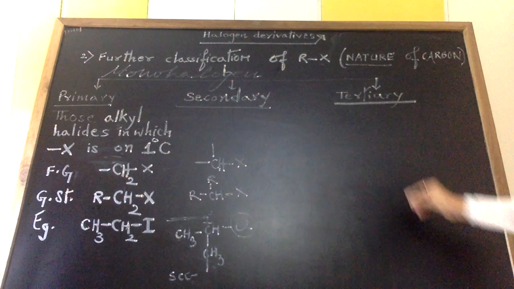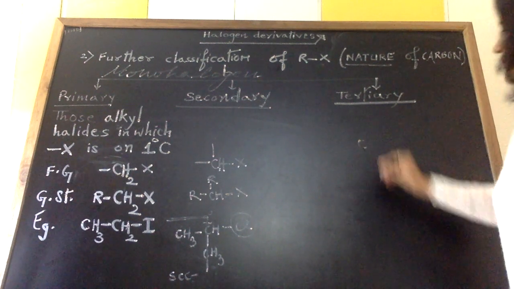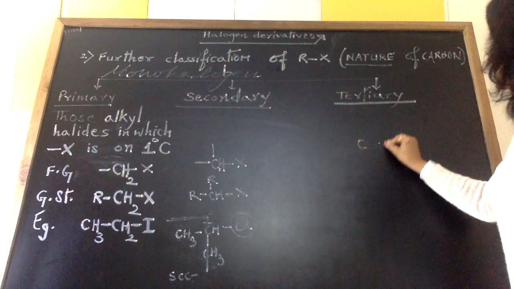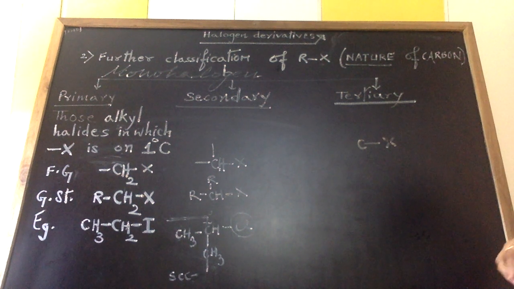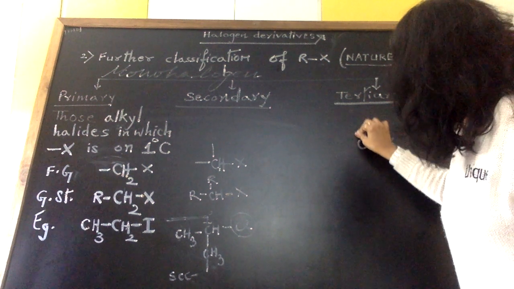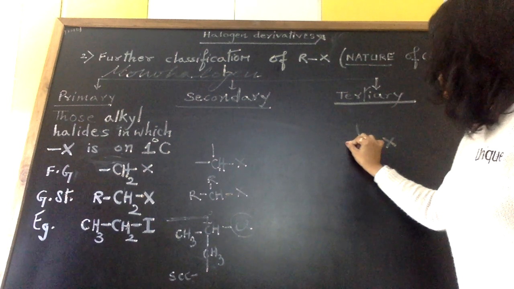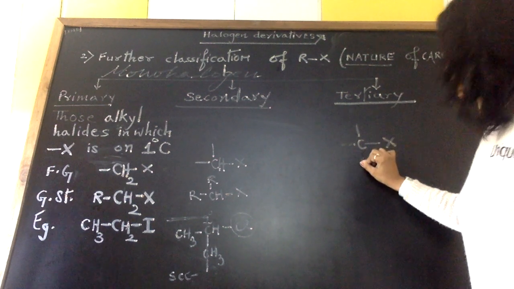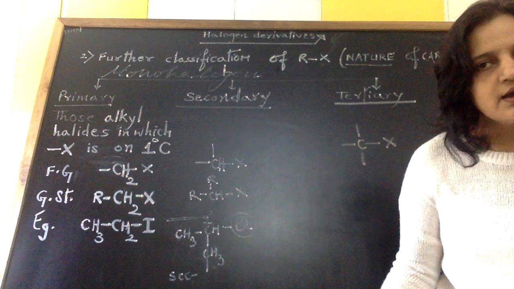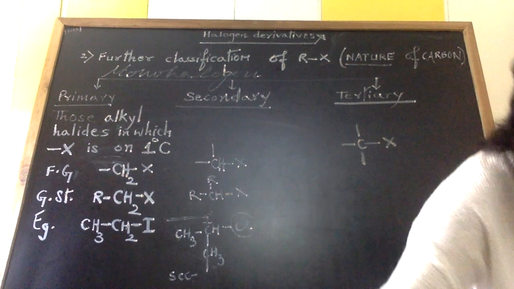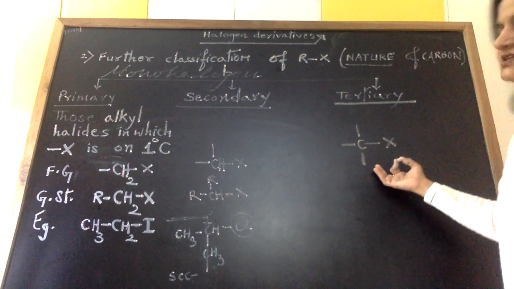So I go to the functional group. Carbon, 1 bond satisfied by halogen, the other three left for carbon. Hydrogen gets nothing because the carbon bonding is over, valencies are over.